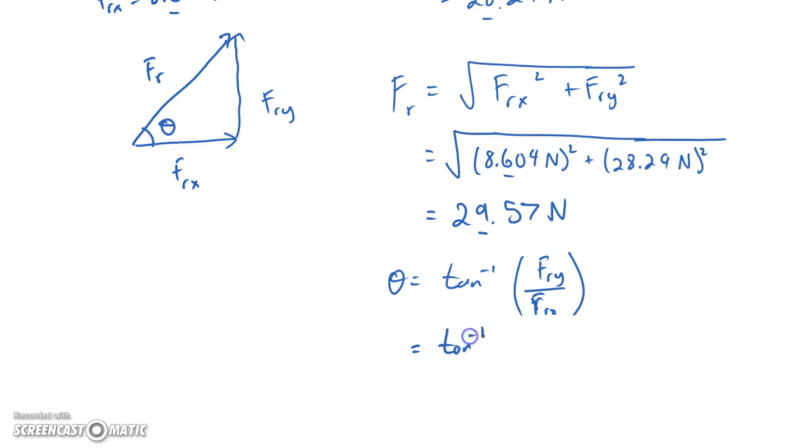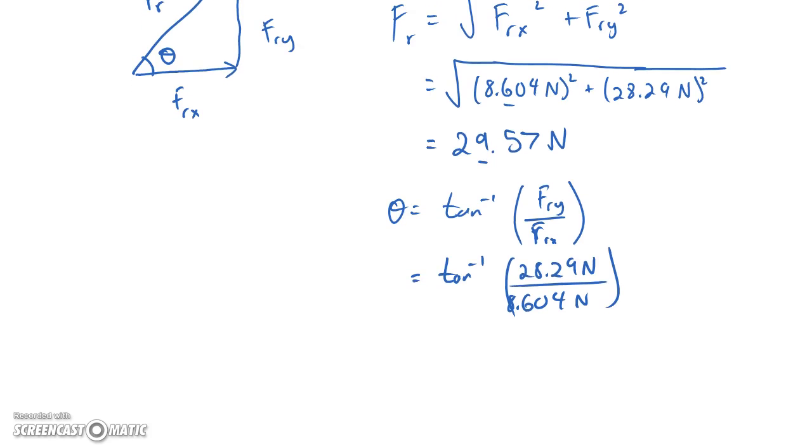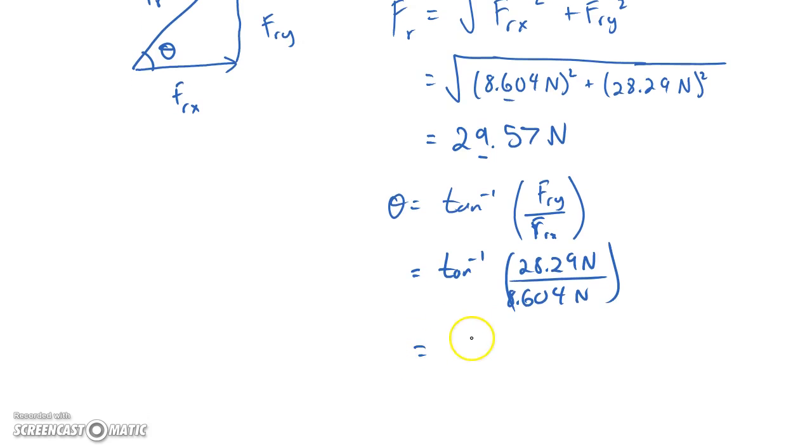And we can do that calculation. So we get 28.29 newtons over 8.604 newtons. Both of those are 2 sig figs, so our angle is going to be to 2 sig figs, so 73.1 degrees. 2 sig figs, mark underneath.